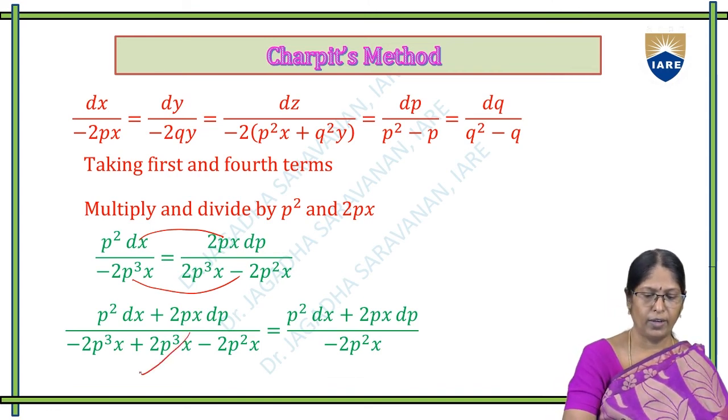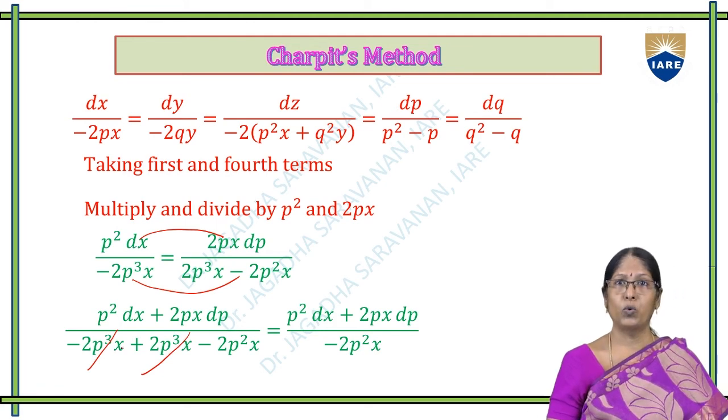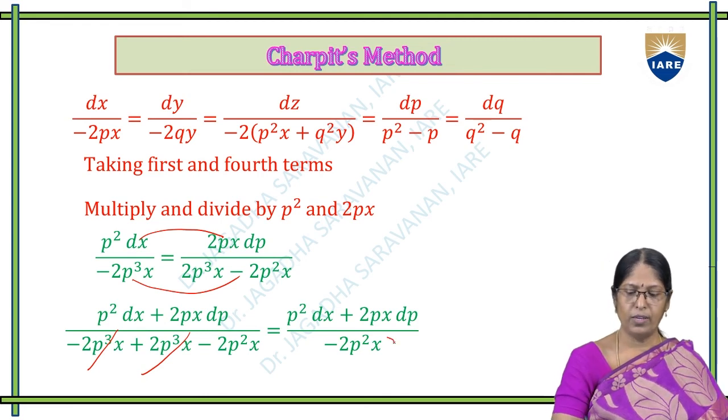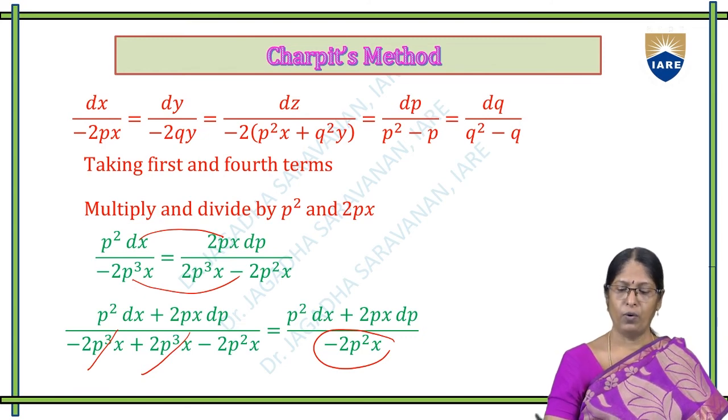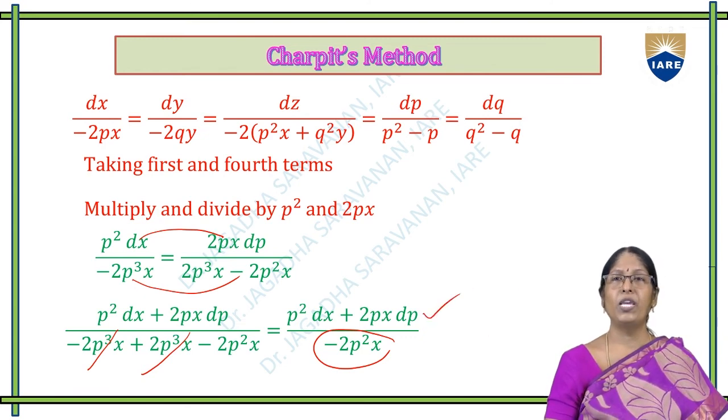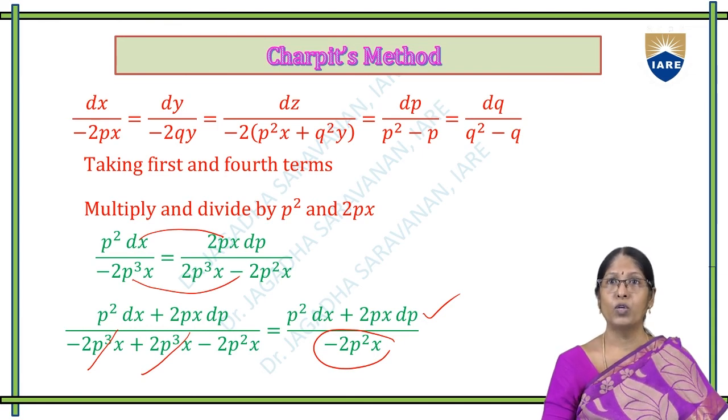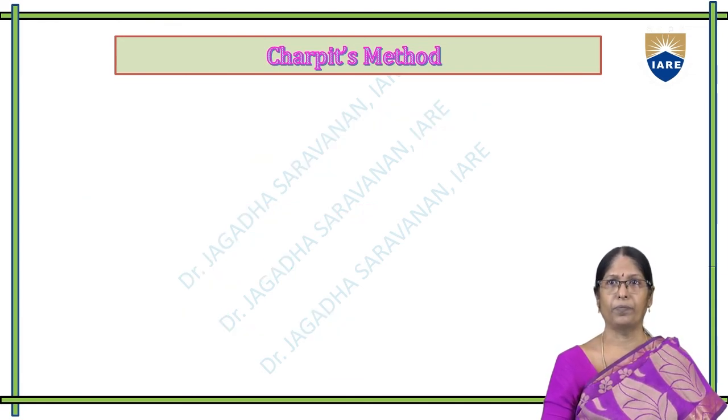Here the minus 2p cube x and plus 2p cube x are getting cancelled. The leftover term in the denominator is minus 2p square x, whereas the numerator is p square dx plus 2px dp.